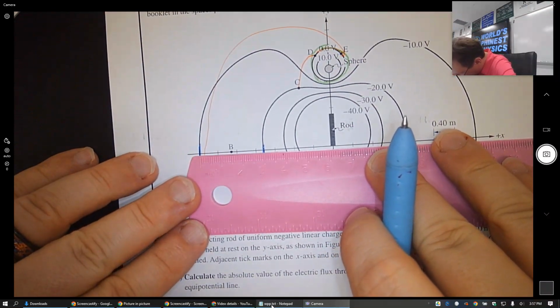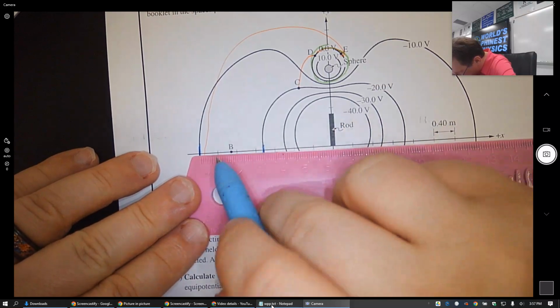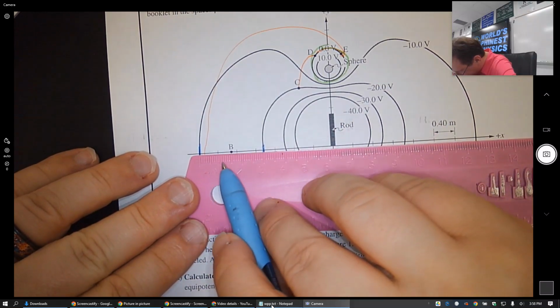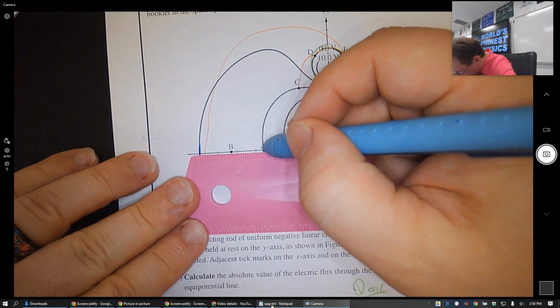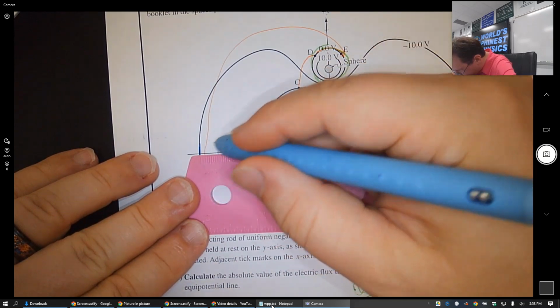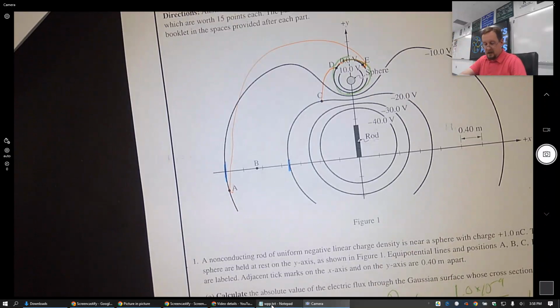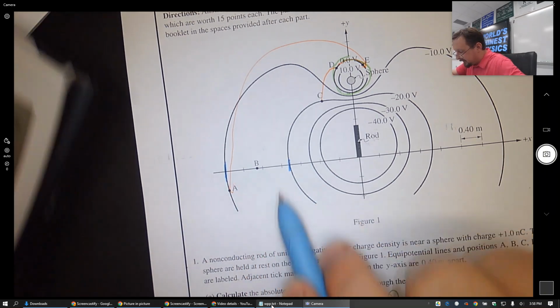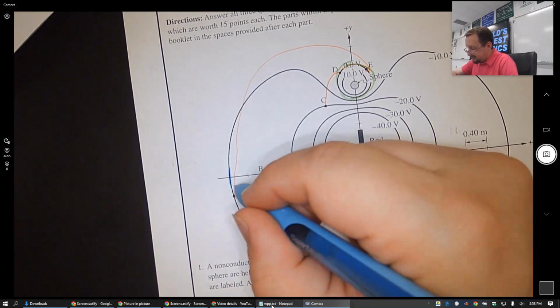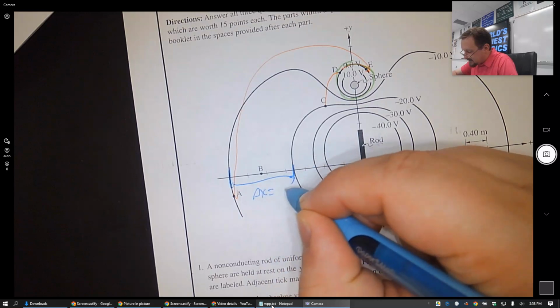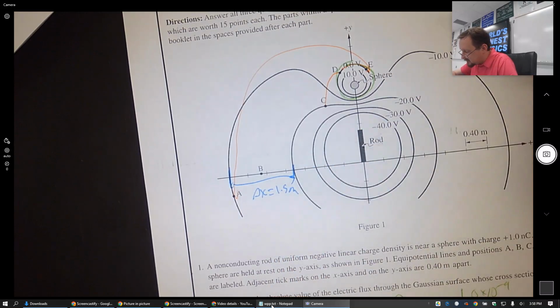Okay, so yeah, it looks like 8 ticks to 0.4 meters. This is 30 ticks. So 30 over 8 times 0.4. Okay, so this is 1.5. That's believable to me. Okay, so this delta X is 1.5 meters.